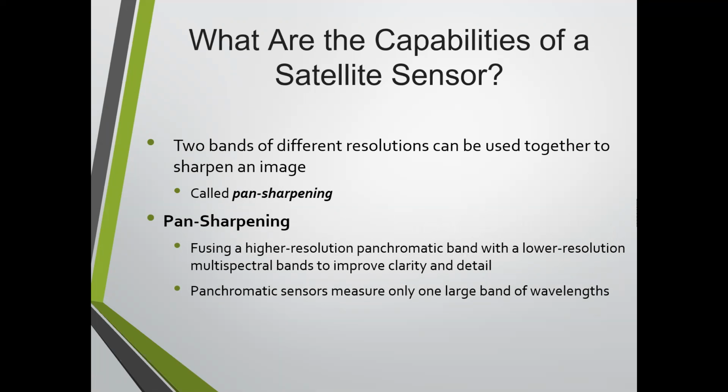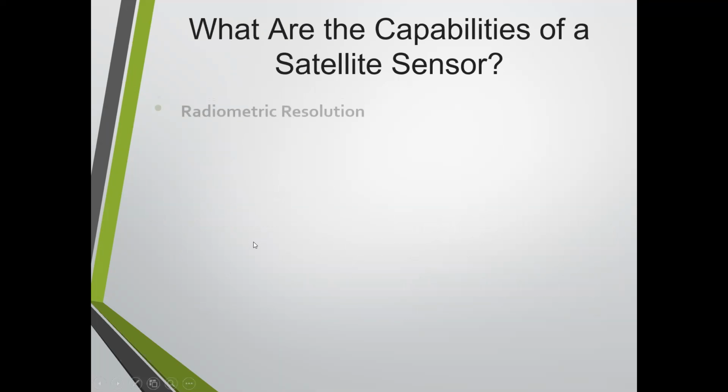Pan sensors measure only 1 large band of wavelengths, typically the visible or near infrared spectrum. Multispectral is getting all kinds of bandwidth, and it can be the lower resolution. If you fuse that with higher resolution panchromatic, then you get this pan sharpening process going on.